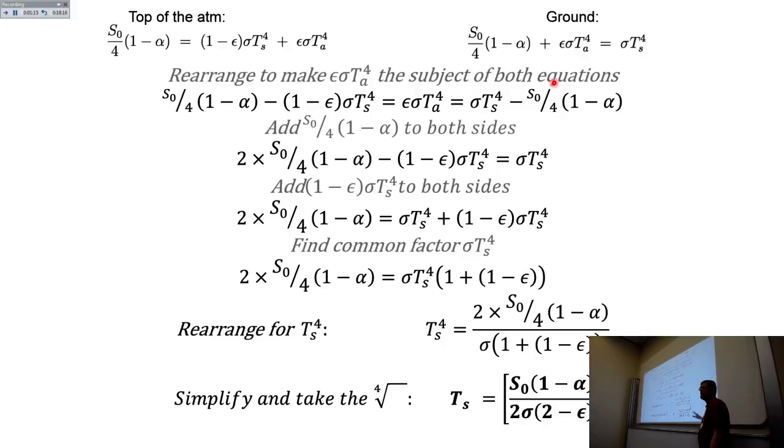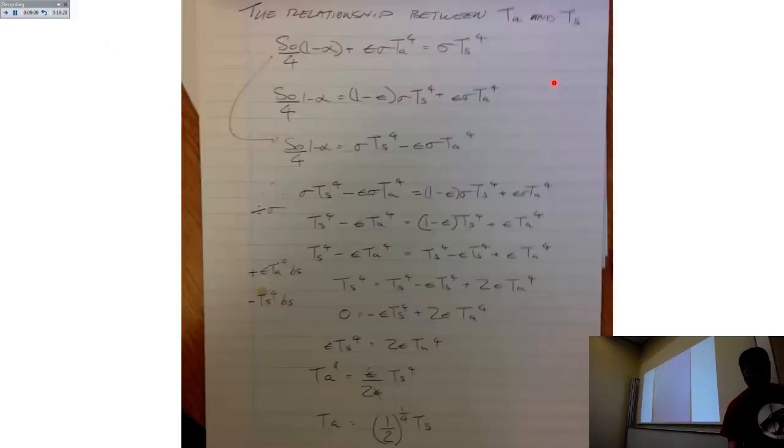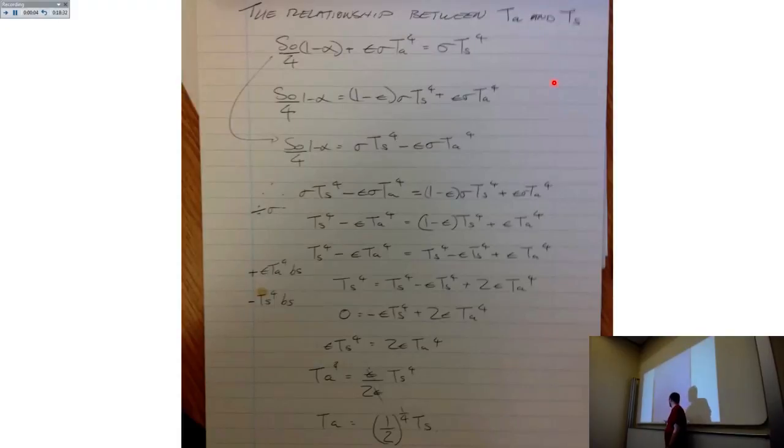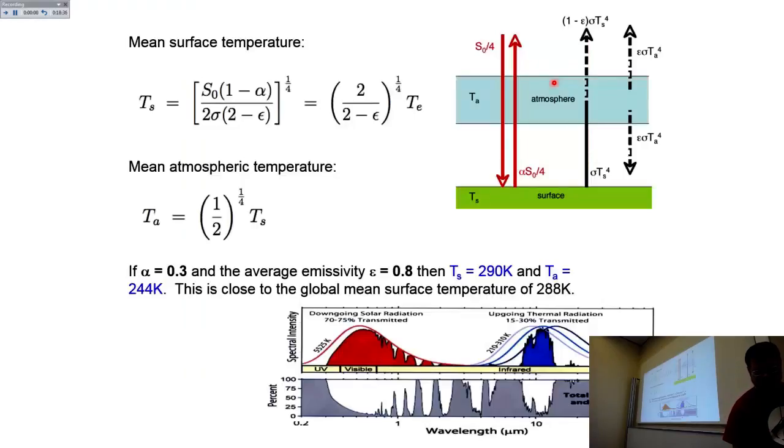We'll be using this equation throughout the next couple of lectures to see how changing the environment affects all of these parameters and how that affects the temperature of the Earth. You can also show that there is a relationship between the temperature of the atmosphere and the temperature of the surface, if you so choose.